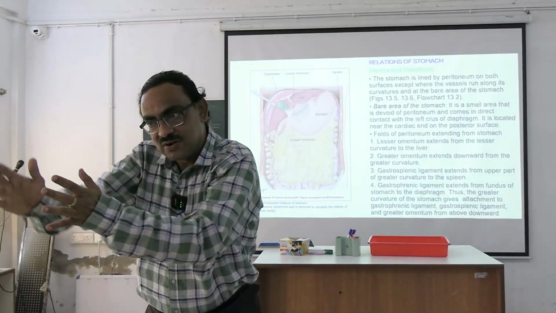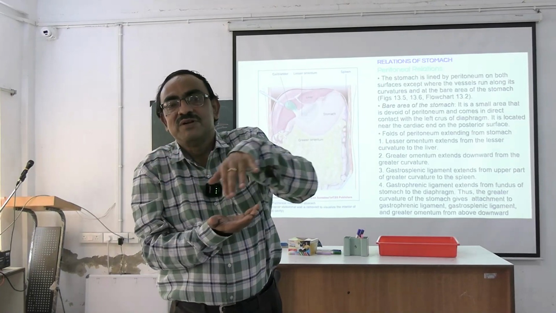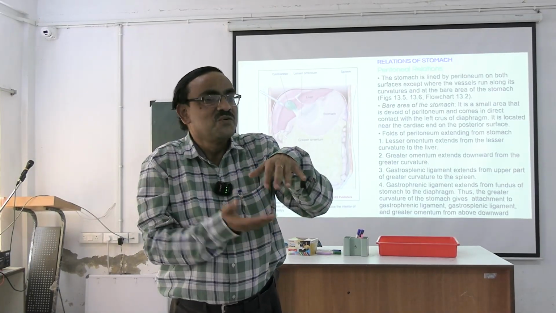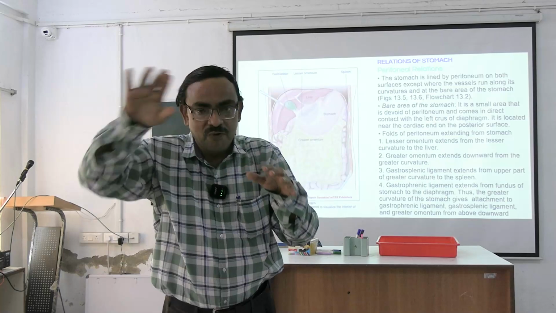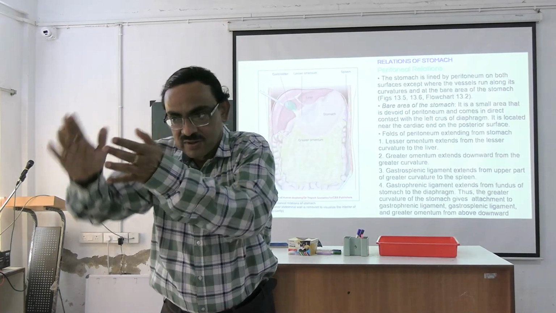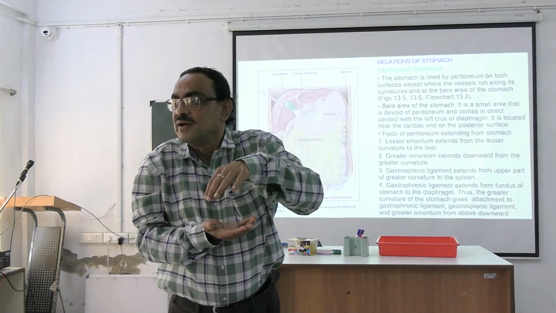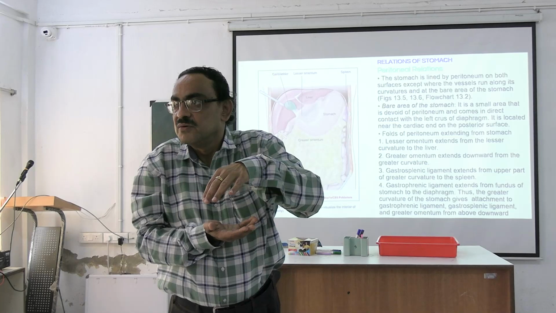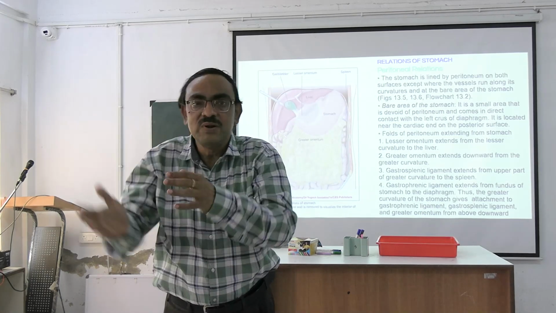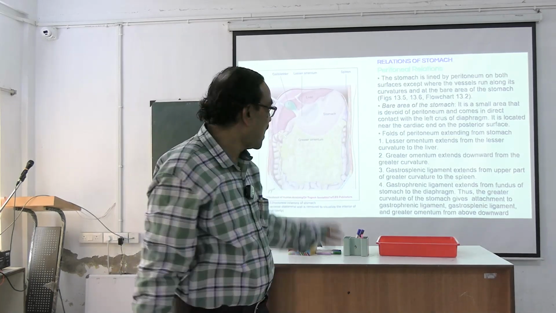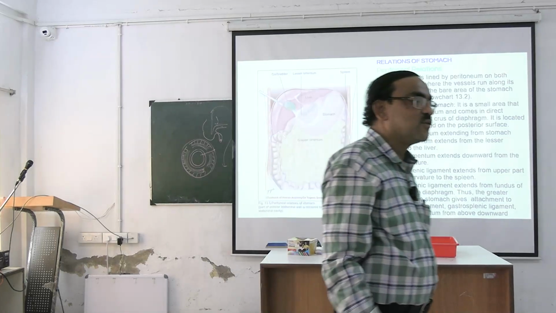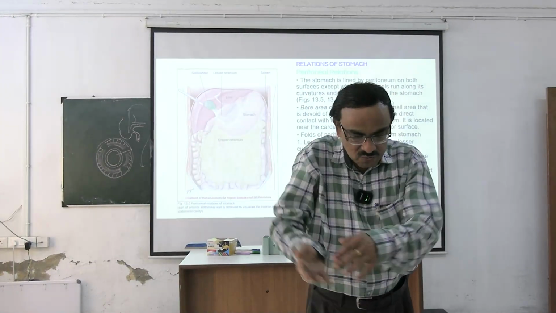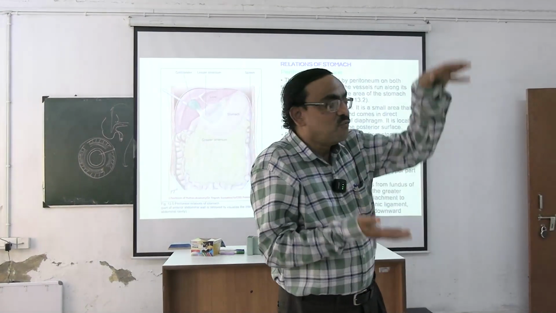Again, these two folds fold upon themselves. So if the two folds get folded upon themselves, two folds will create four folds. So ultimately the greater omentum has 2 and 2, 4 folds.